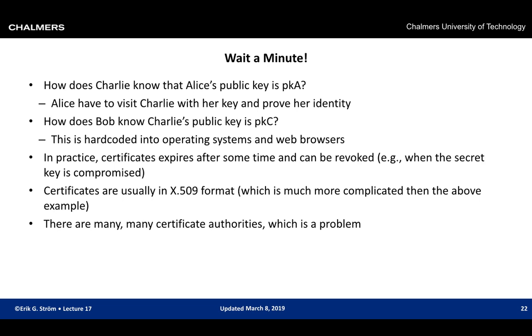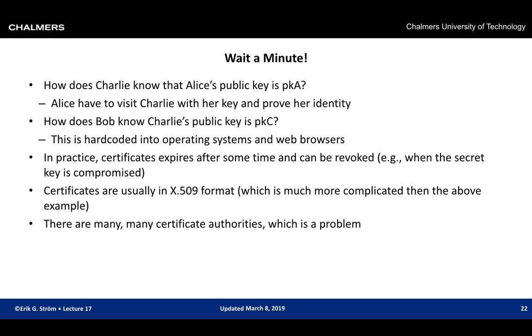So that's problem number one. Problem number two is, how does Bob know that Charlie's public key is PKC? How does Bob, who trusts Charlie, know that there is a public key that belongs to Charlie? That's also a problem. And this is solved very clumsily, in that these public keys are actually hard-coded into the operating system of computers.